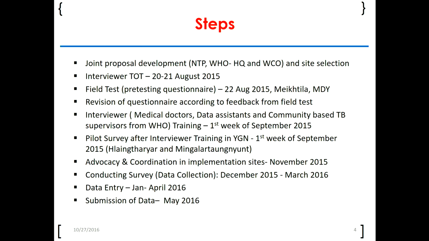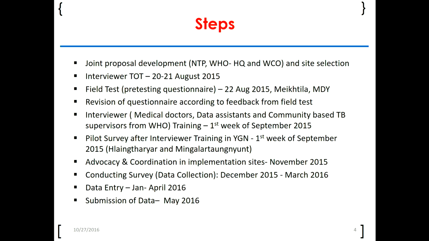In steps, we started with a joint proposal development by the NTP, WHO headquarters, and the country office, with random site selection. Then interviewer TOT in August, field testing in August, revision of the questionnaires, interviewer training, the pilot survey in September, and advocacy and coordination in August, then conducting the actual survey from December up to March 2016.